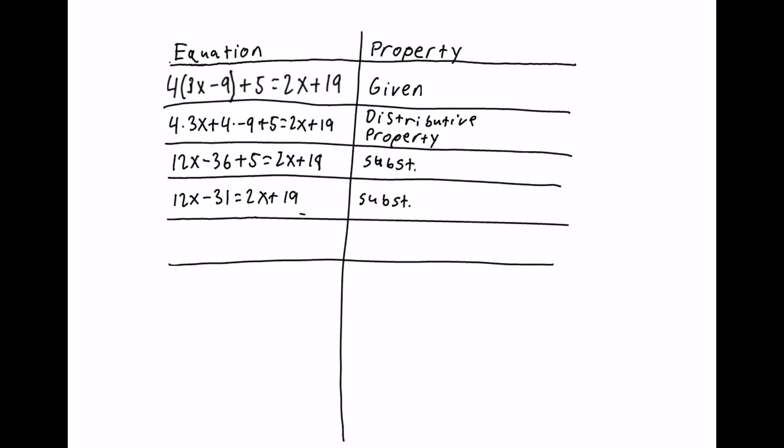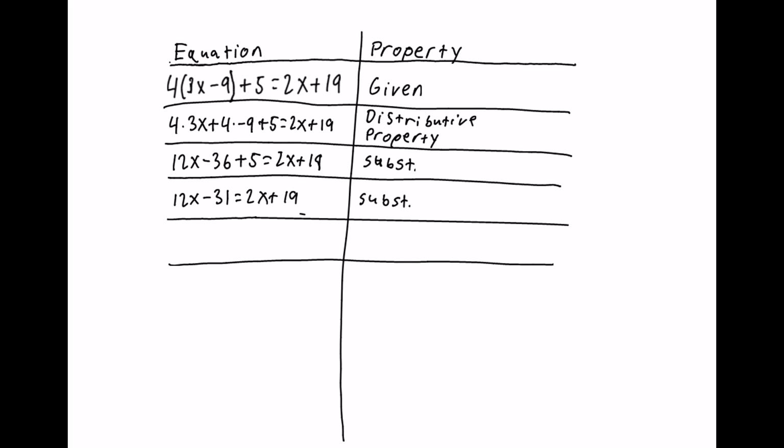Now there's no more combining like terms or simplifying. Now we've got x's on both sides of the equation. So we need to look for the smaller x, that would be the 2x, and we want to bring it to the other side by doing the opposite. If it's positive, you subtract. If it's negative, you add. This one's positive, so you subtract.